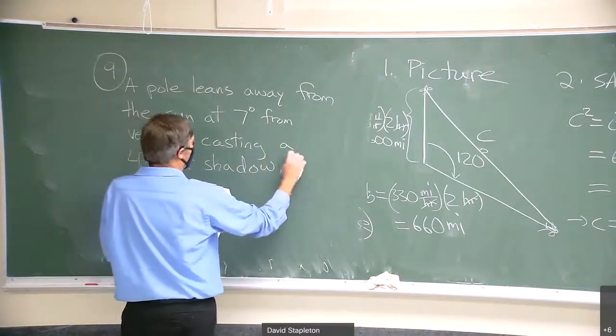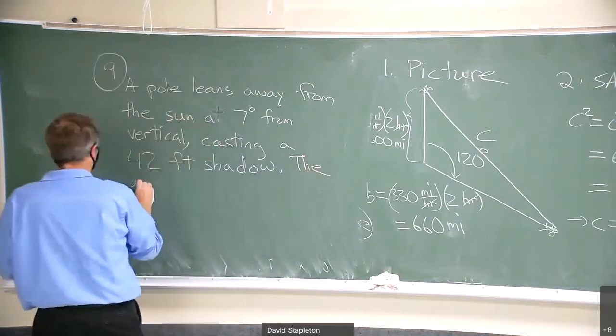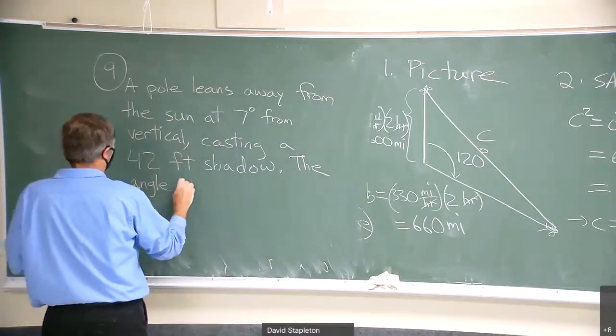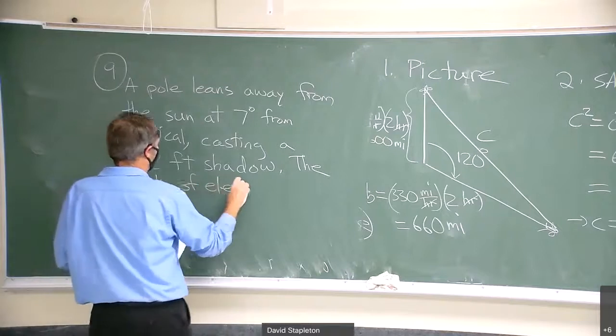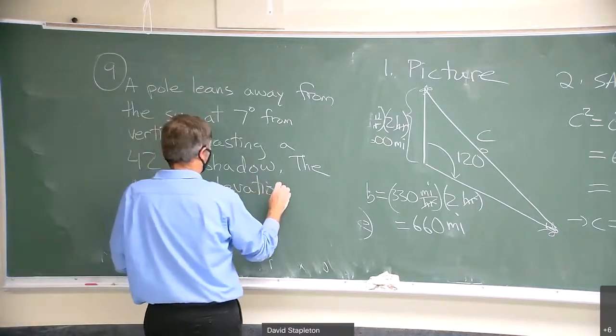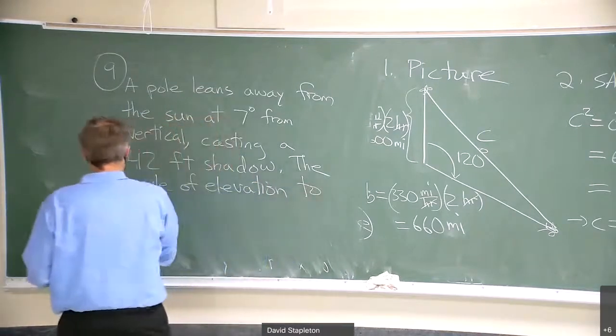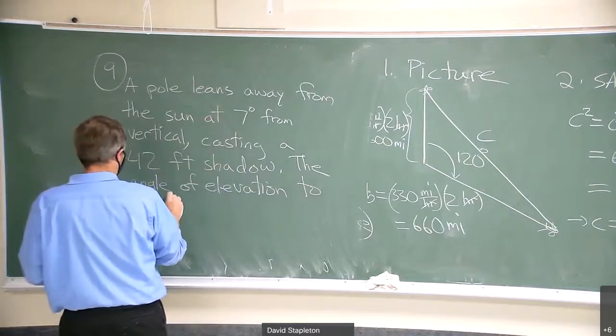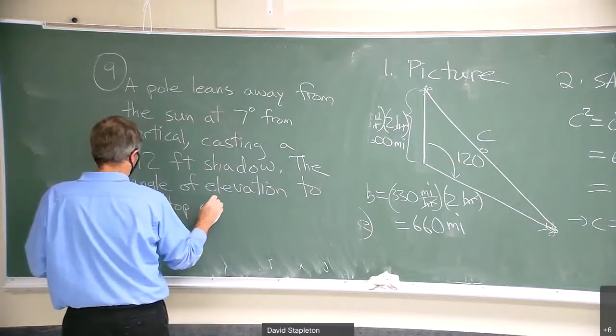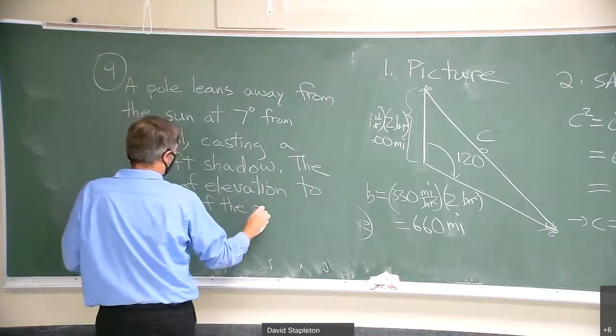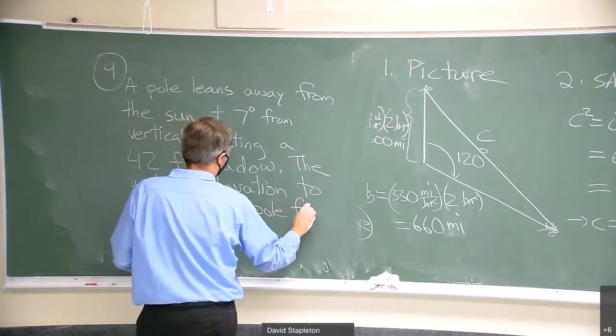Now the angle of elevation to the top of the pole from the tip of the shadow.